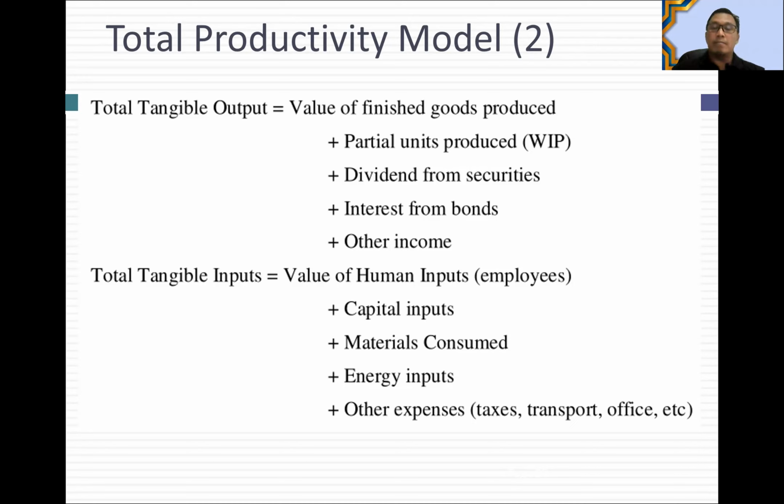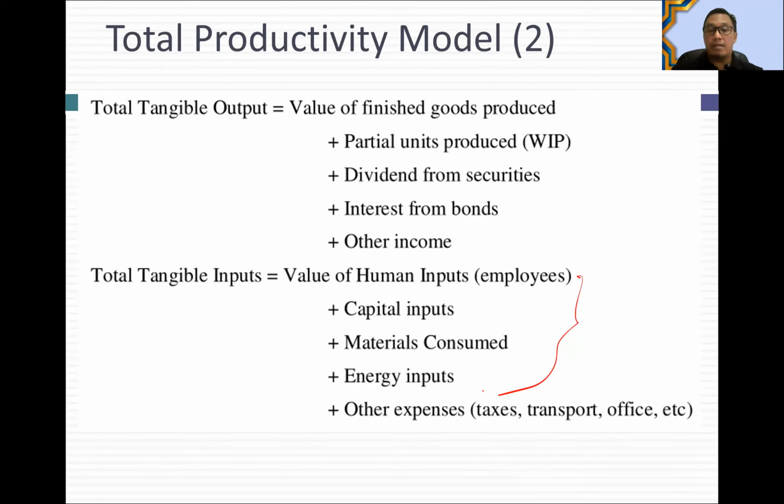And then plus the capital inputs, how much money is invested for such a process, and then materials consumed plus energy input and other expenses. Other expenses could come from taxes, transport, offices, and other sorts of expenses that are not included in these types of tangible inputs.